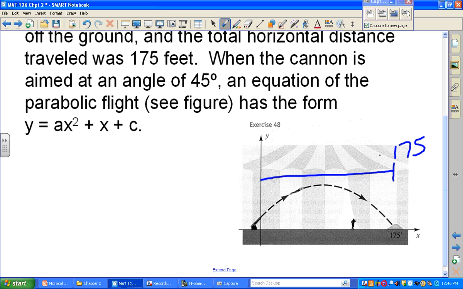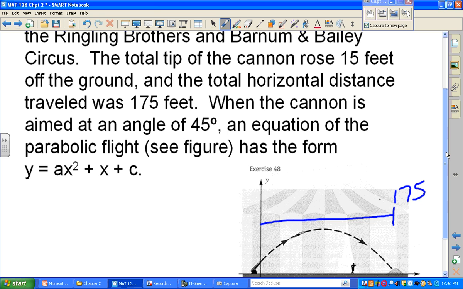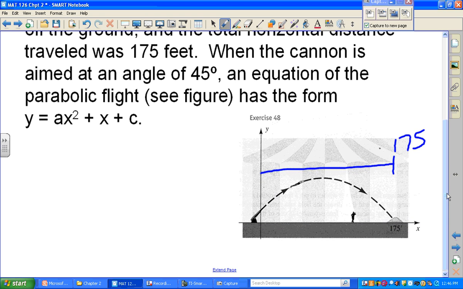Does it say how high in the air it went? Rose 15 feet. So this point is 0, 15, and this point we'll call 175, 0. See, this is mathematically modeling at its best, taking something and putting it on a graph and modeling it out. I like this.